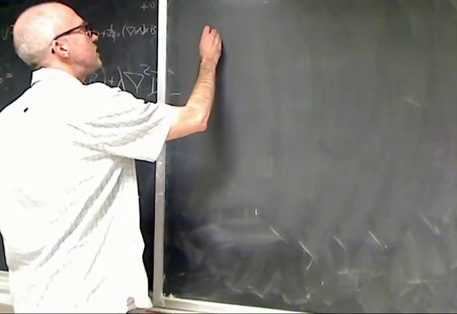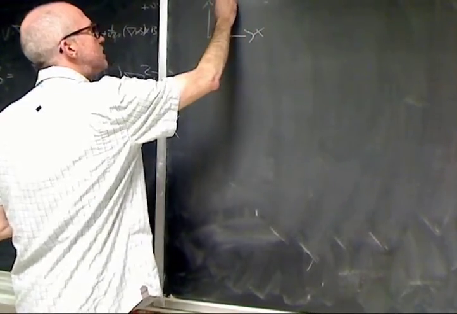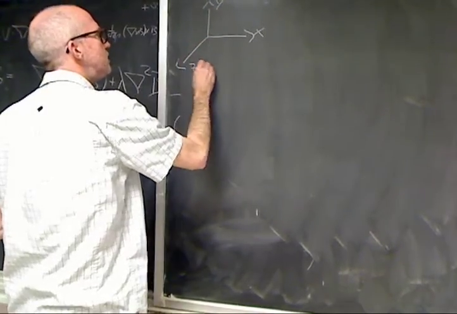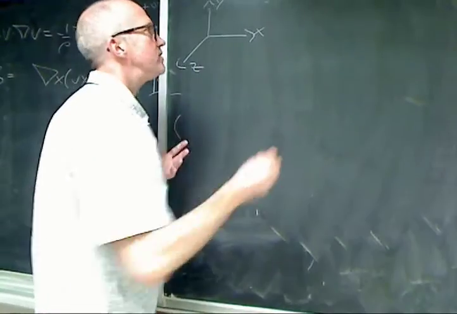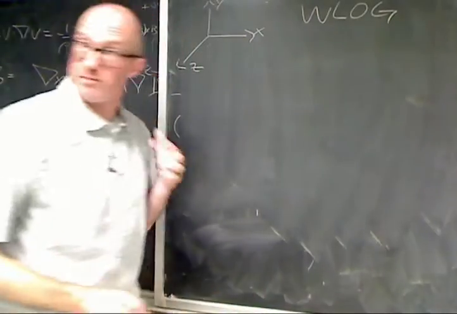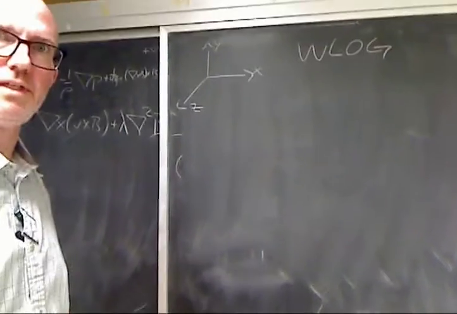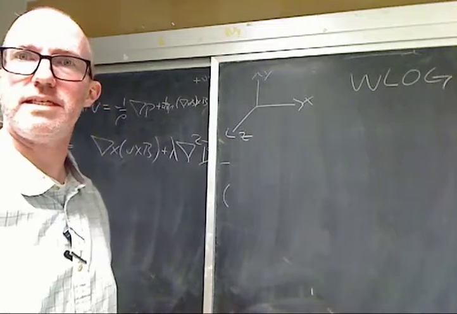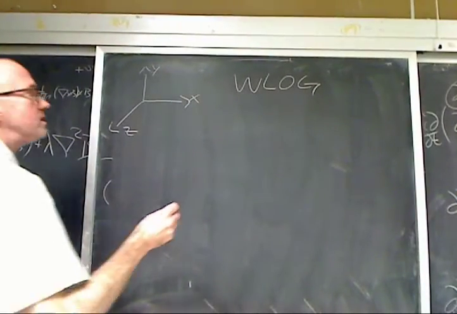So I have my universe where this is X, this is Y, and this is Z. Now, without loss of generality, this is a fun phrase that means I'm going to make this simplification, but it's not actually a simplification. It only makes things easier to prove. It's not actually making the system any simpler.